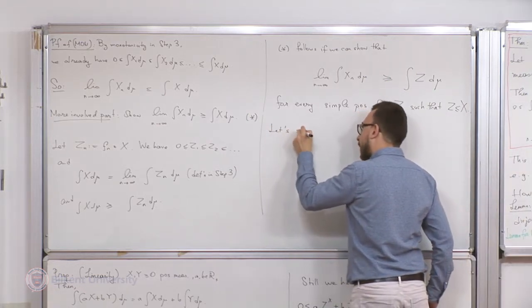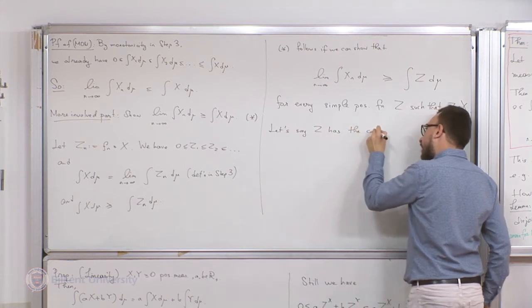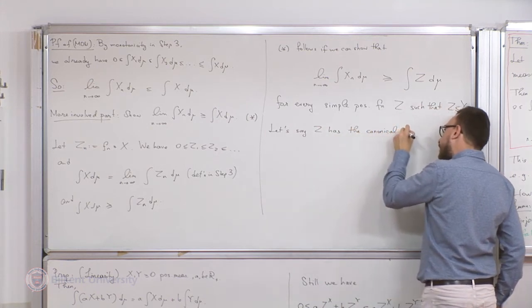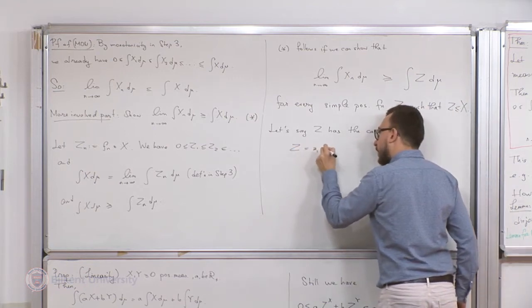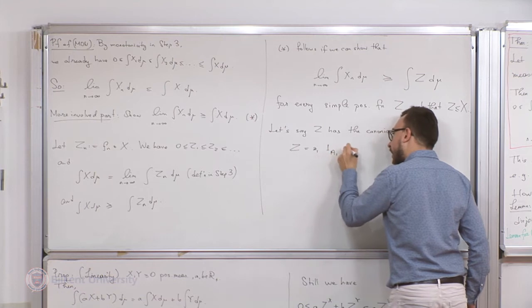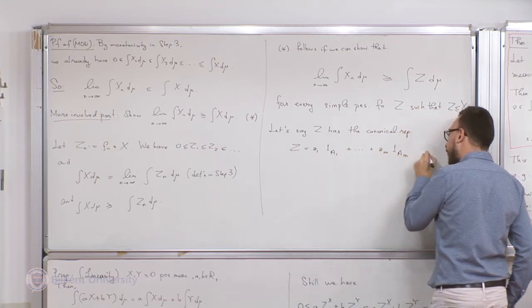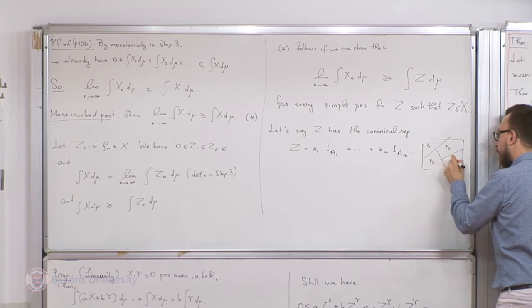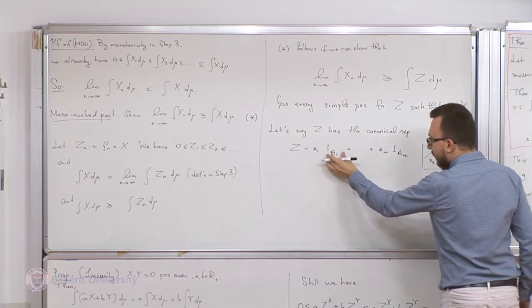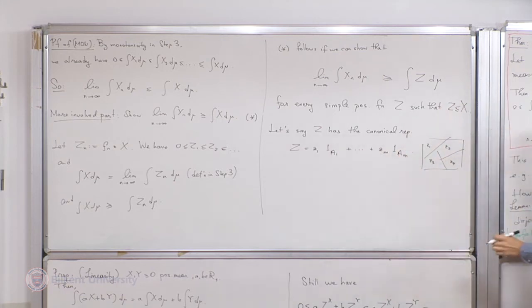Let's say Z has the canonical representation Z equals Z1 indicator A1, plus and so on, plus Zm indicator Am. Again, this picture: Z1, Z2, Z3, Z4. And this is just the set where Z equals Z1, and this is just the set where Z equals Zm.